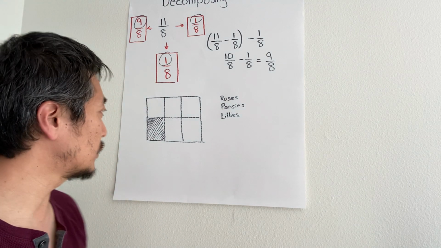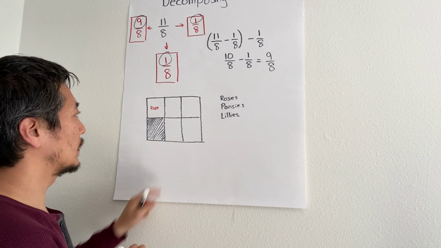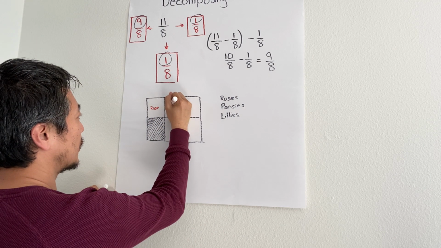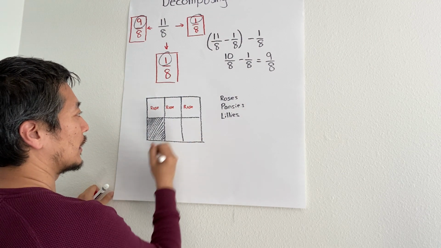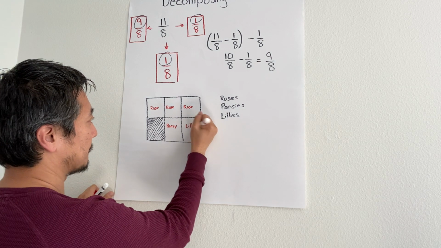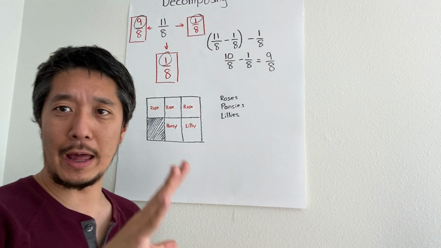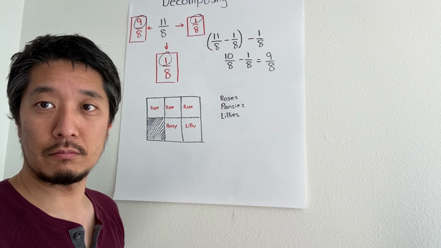If I want to, I can say that looks like a good place for a rose. There's another rose here. I really like roses, so I'll put all the roses up here, and I'll put a pansy over here and a lily over here. Are each of these pieces filled? Yeah.